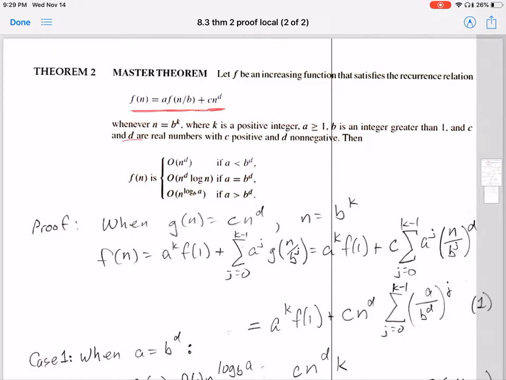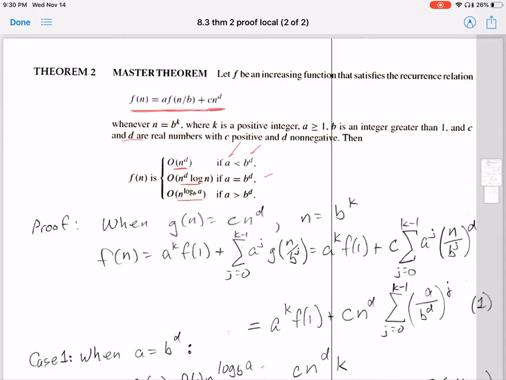And we'll see that with the master theorem, there are three different possibilities: where my number of subproblems a is less than b raised to the d power, whether it's equal to b raised to the d power, and whether it's greater than b raised to the d power. And we get big O of n to the d, big O of n to the d log n, and big O of n to the log base b of a for each of those cases respectively.